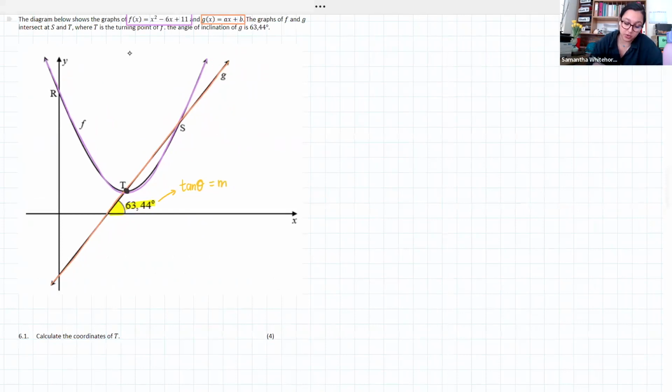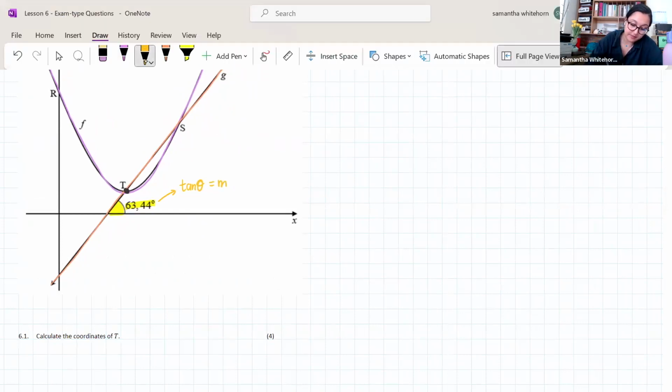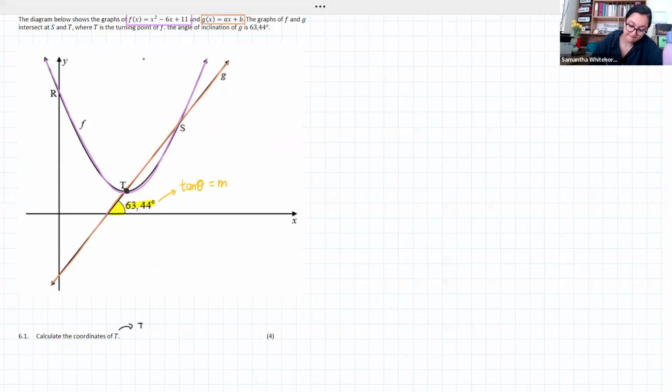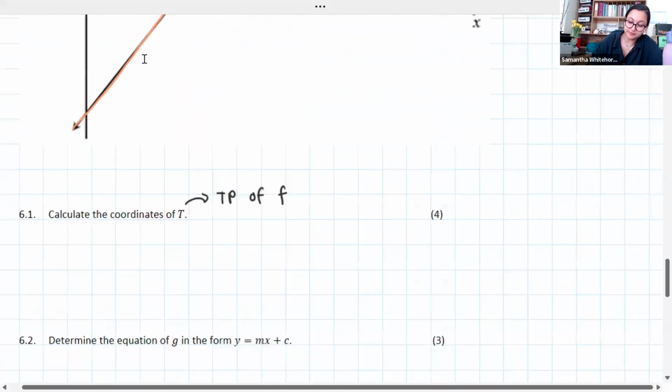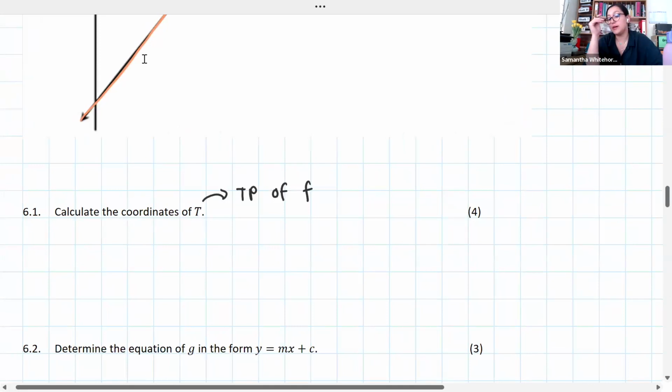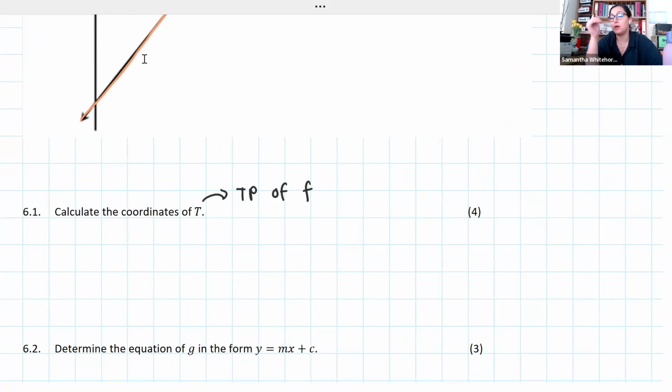T is your turning point. I'm going to make this bigger. There are two ways you can do this, grade 12s. The first way is to complete the square, which I don't know how many of you would choose, because completing the square is just not something most matrics enjoy doing. I'll be honest, I don't particularly enjoy it either, so you don't have to use that method.